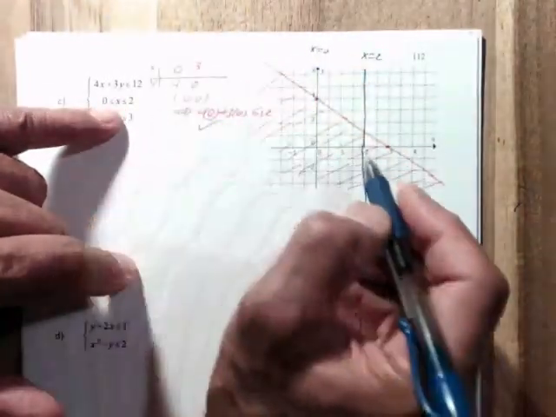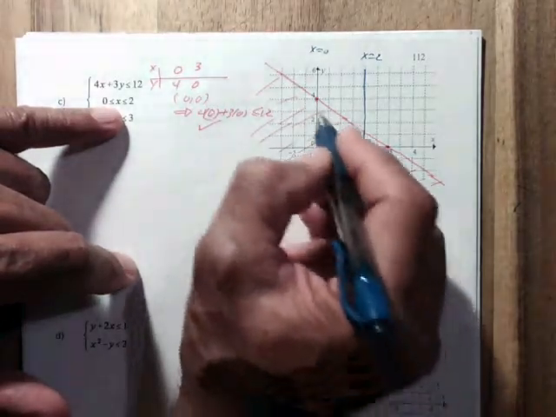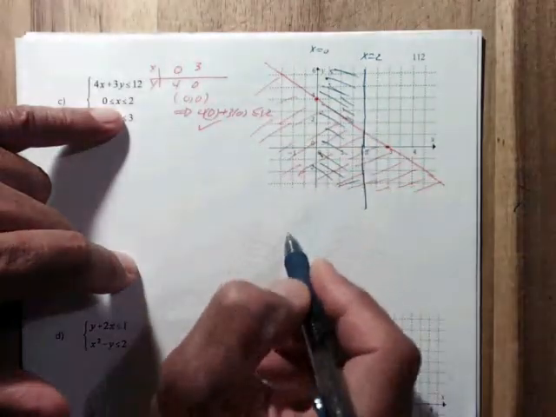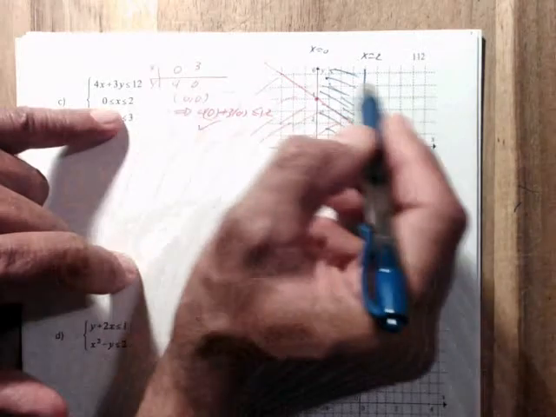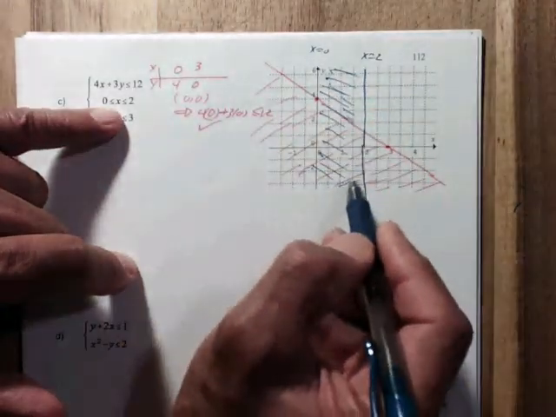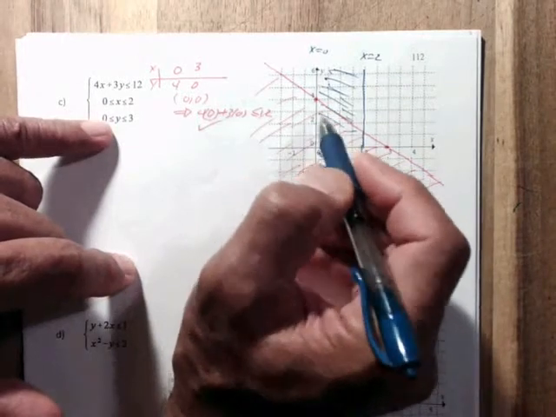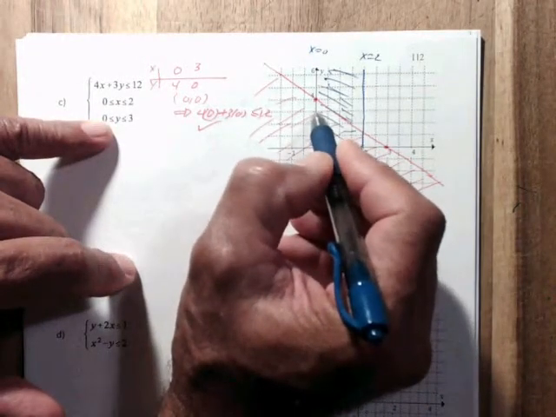And then you want in between, so it's going to be like this, between 0 and 2, x value. This is the strip right here. And y between 0 and 3, and 3 is right here, you see.